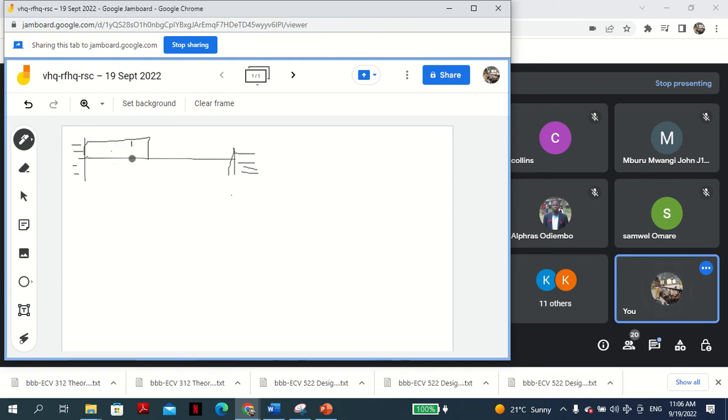And this is 30 kilonewton meter, and then this is 3 meters.